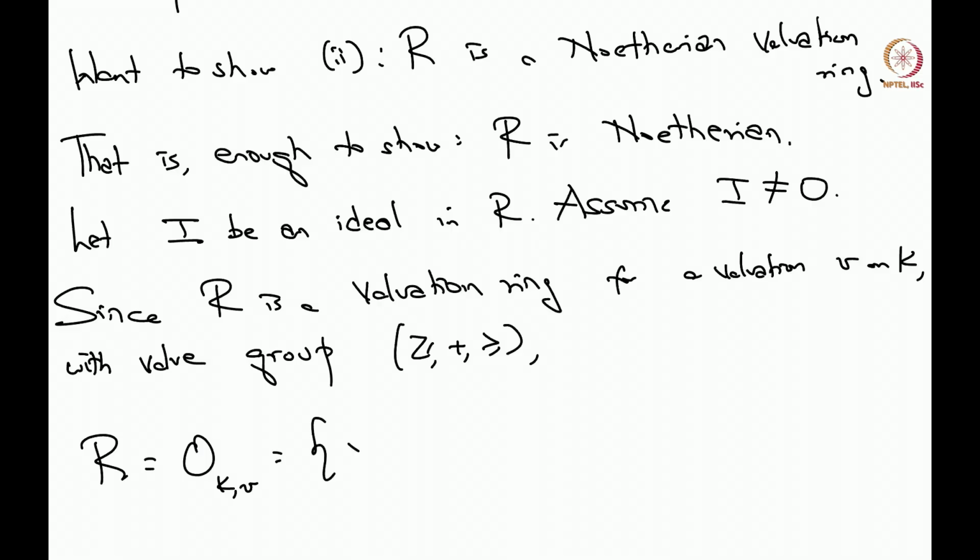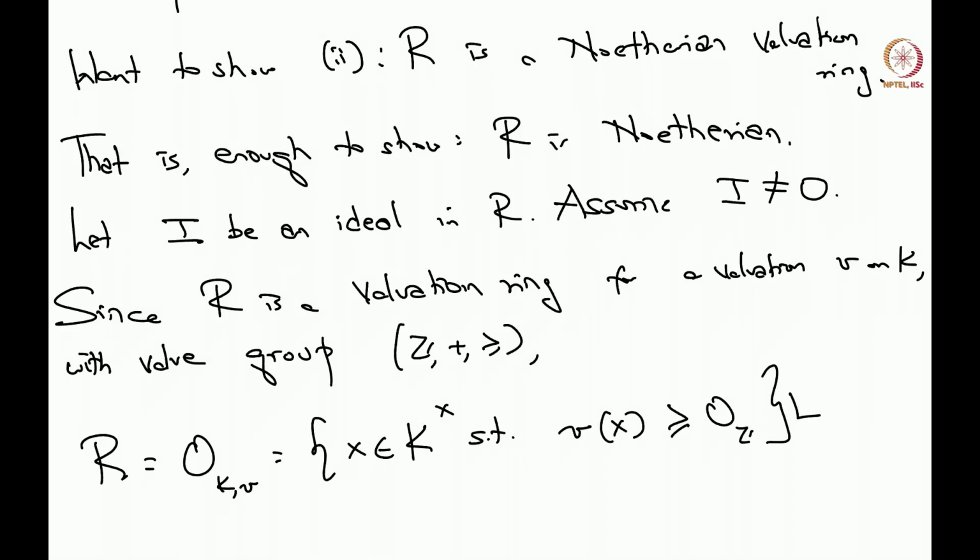It's the set of all elements in K cross such that the valuation is larger than or equal to the additive identity. The additive identity of Z is just 0, and I'll write the subscript Z to indicate that, along with the 0 element of R.